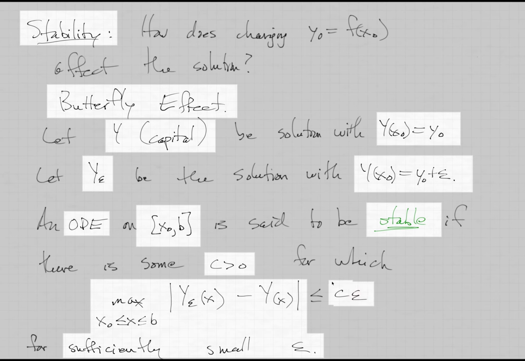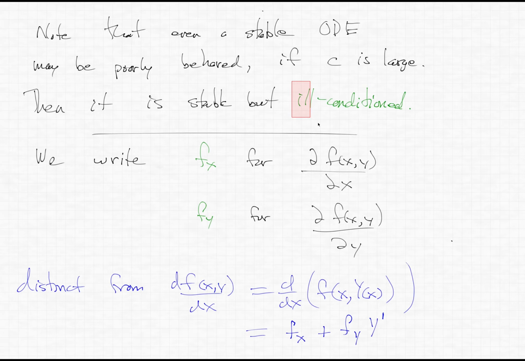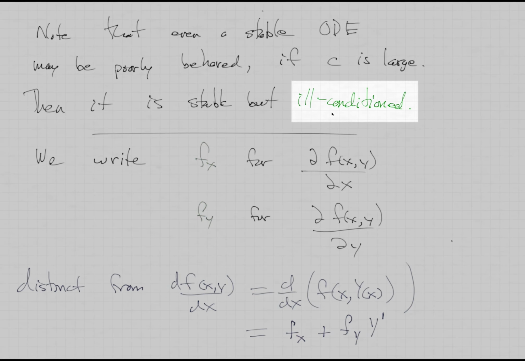Even if that's small, if c is very large, then we could get very large differences in y down the road, okay? So in that case, we say that it's ill-conditioned. It's formally stable, but it's ill-conditioned. There's a lot of terms like this, ill-conditioning and stability. Remember, ill-conditioning, or the condition number, came up with matrices. It becomes a big issue in numerical analysis.